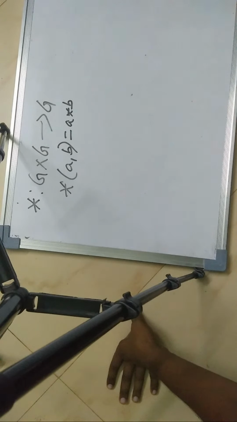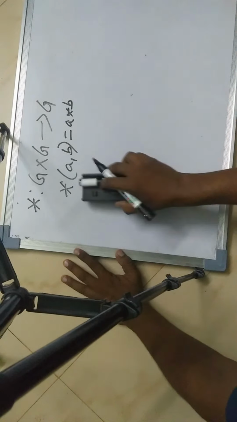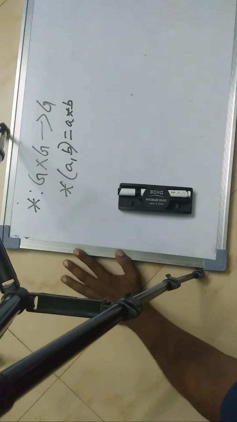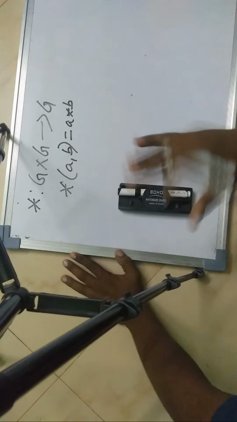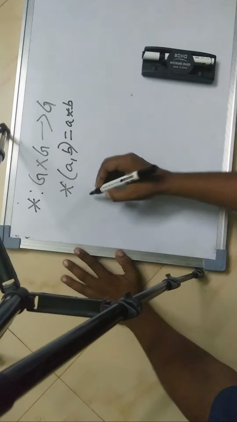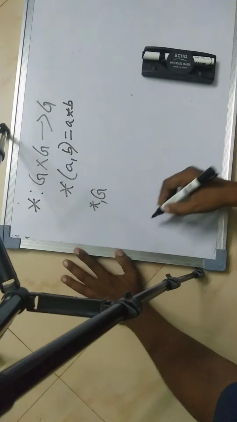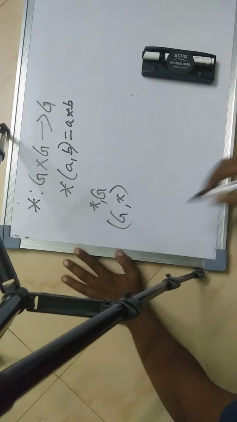Now, closure and binary operation are not too distinct. They actually mean the same. That is, if star is a binary operation on G, it says that G along with star satisfies the closure property.